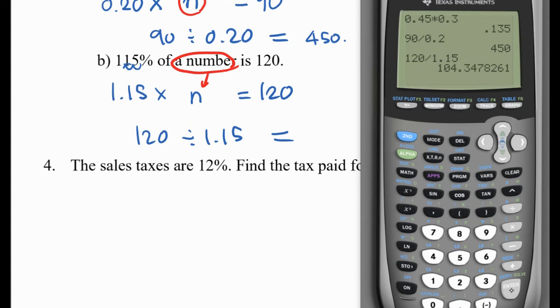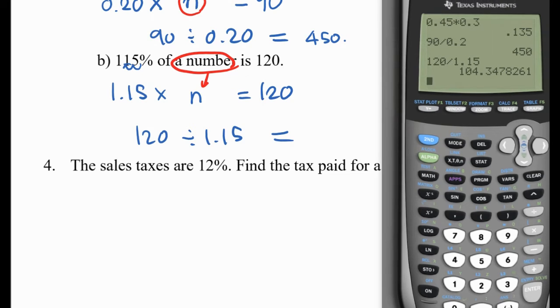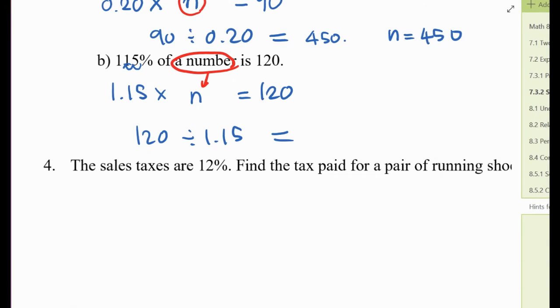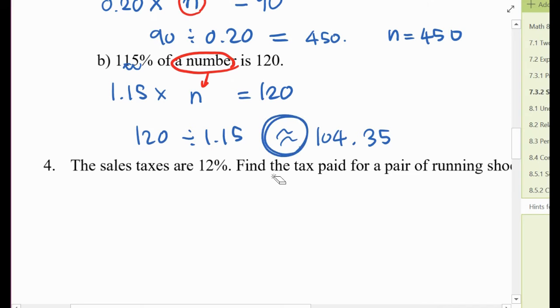That is 104.34. So if you round it, it becomes $104.35. So this means about. Since we rounded, we use the sign 104.35.